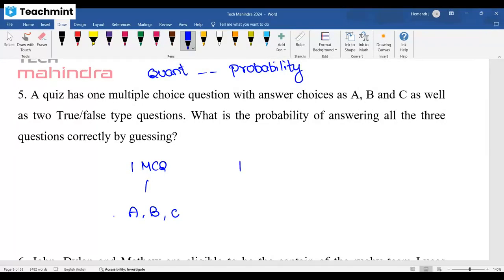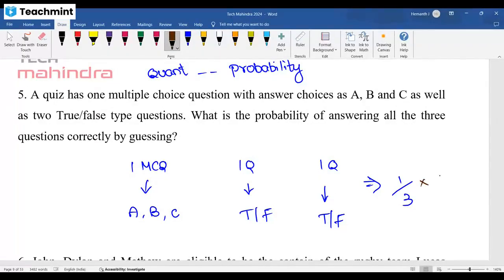So the first true or false question has 2 options, and there is one more question with true or false options. So this is the scenario: one MCQ with 3 options, and 2 other questions, each with true or false. What is the probability of answering all 3 questions correctly? For the first question, the probability is only 1 out of 3, right? Out of 3, only 1 correct answer is there. For the second one to be correct, it is 1 out of those 2.